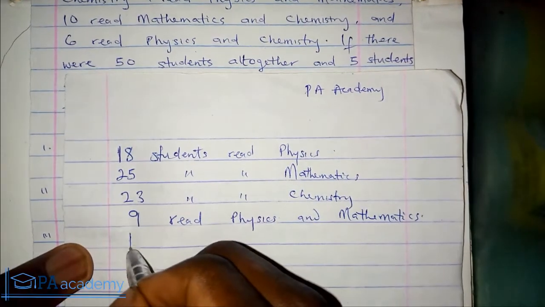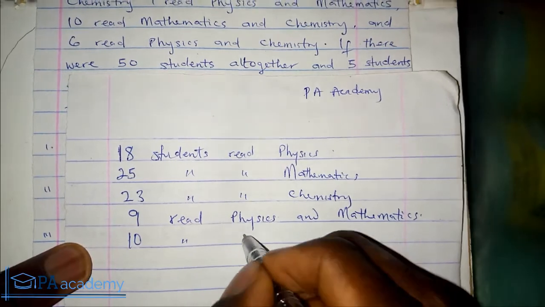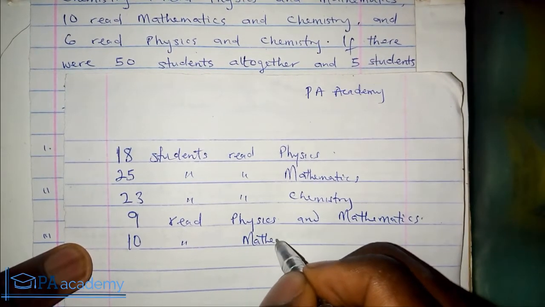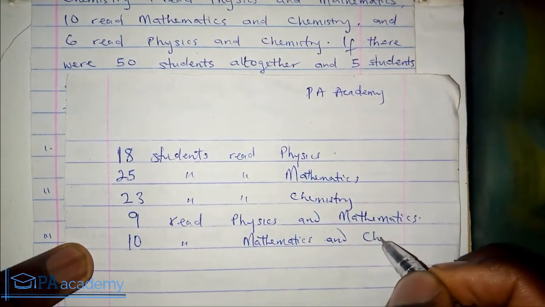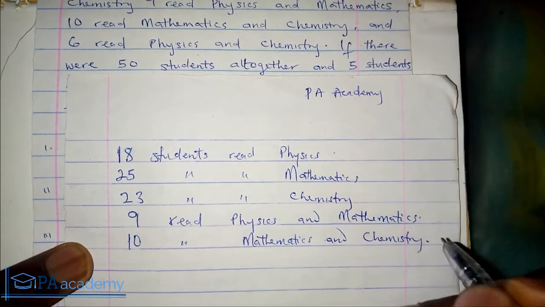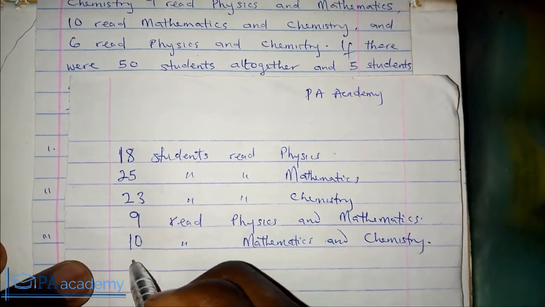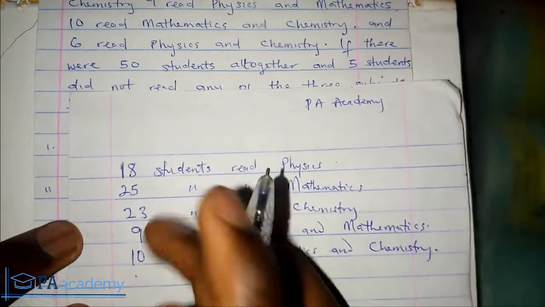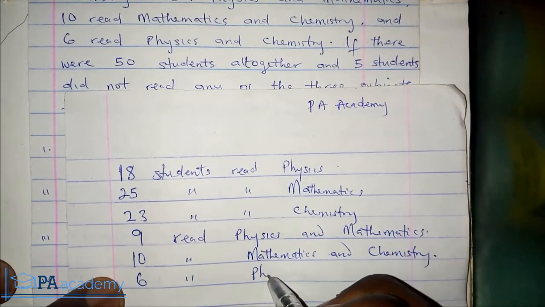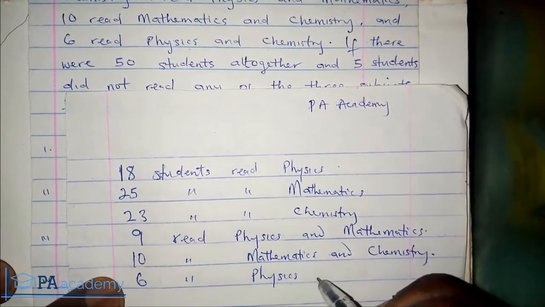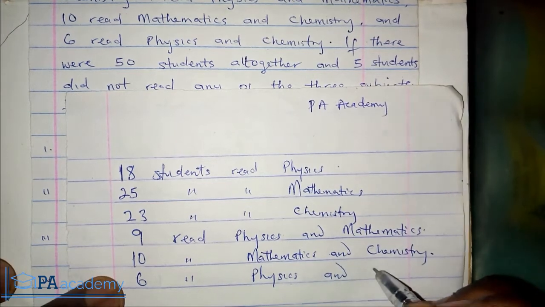Then 10. So 10 read mathematics and chemistry. Then 6. So 6 read physics and chemistry.